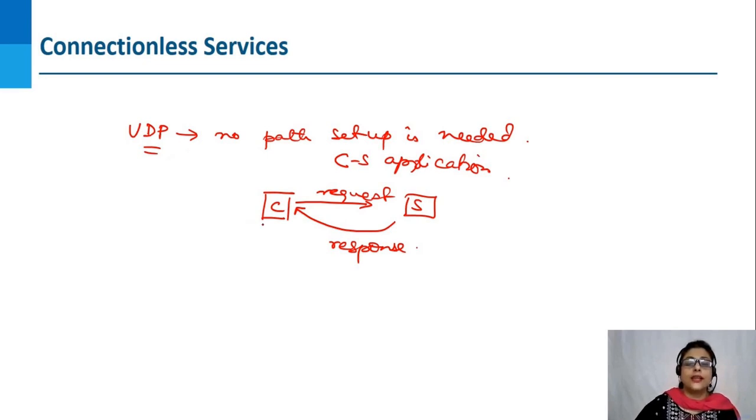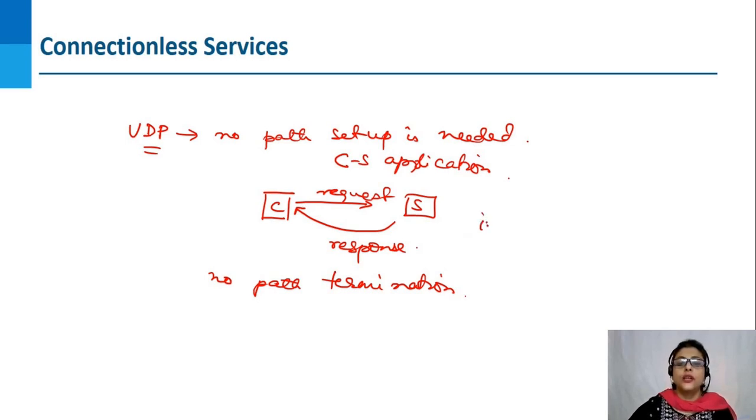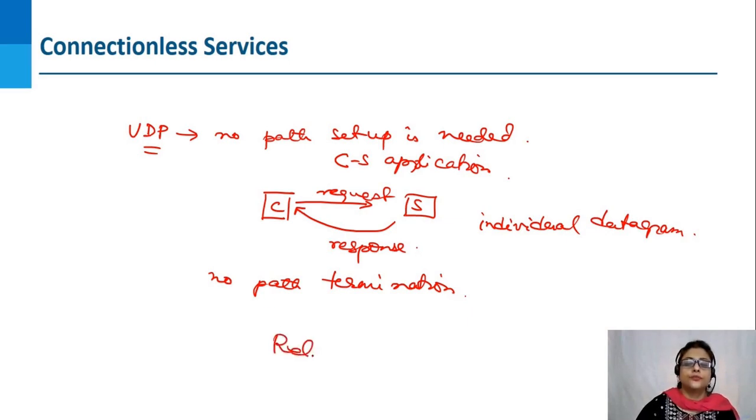Since this is connectionless, there is no need of path setup and no need of path termination. The data must be small size and each packet is treated as an individual datagram. Now, since this is connectionless, there is no reliability also. But the only advantage is that it is very simple.